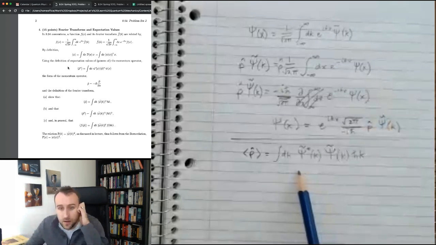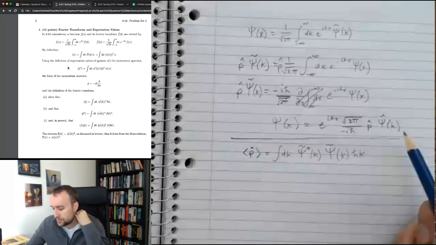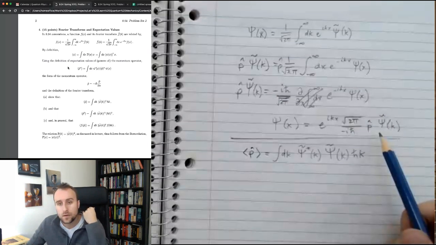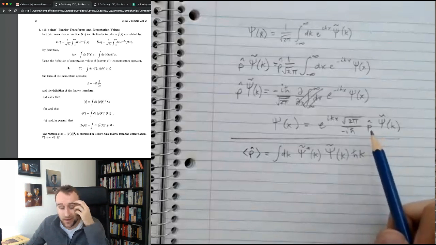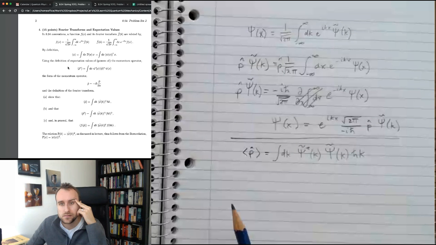So we split this up and we need the momentum operator here. The momentum operator is acting on psi of x up there. How do I get this to work out?